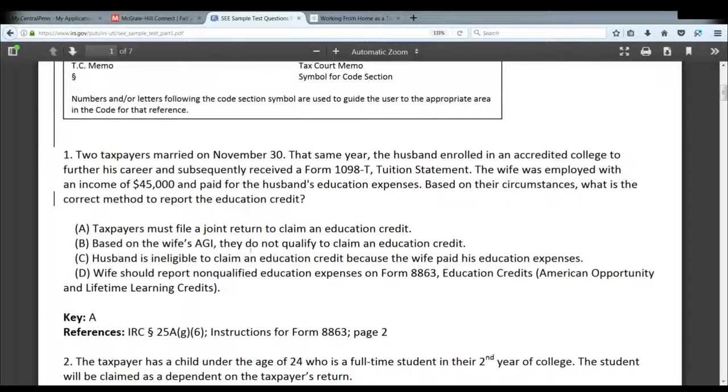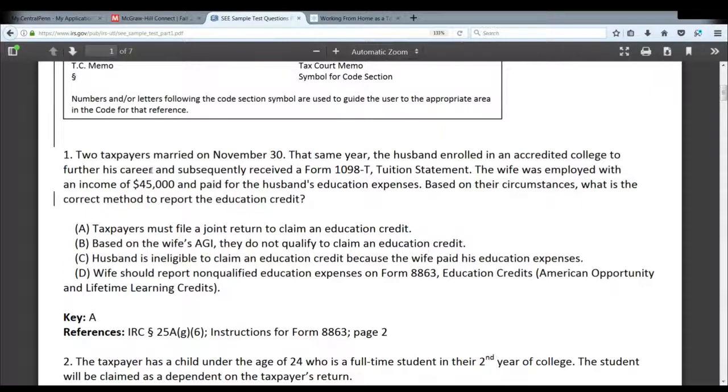Okay. So number 3, the husband is ineligible to claim an education credit because the wife paid for his education expenses. No, you guys are together, right? So you're doing things jointly. So that can't be the answer. So D, wife should report non-qualified education expenses on Form 8863. No, these are qualified expenses because he enrolled in an accredited college to further his career, right?